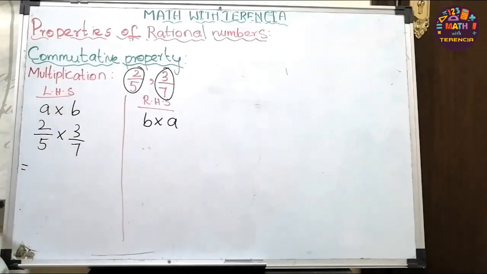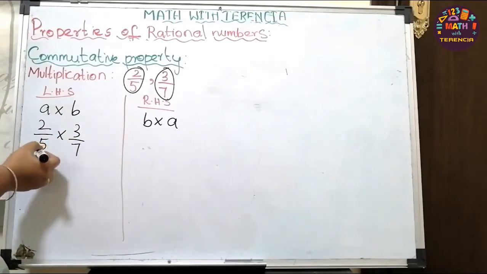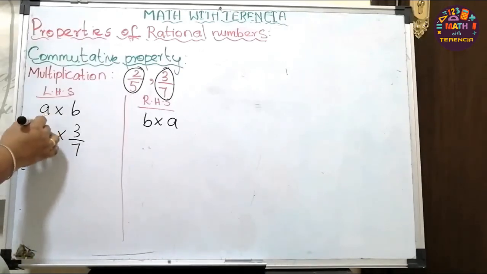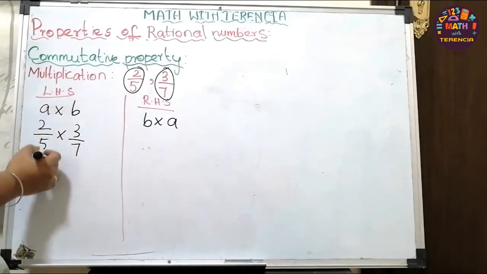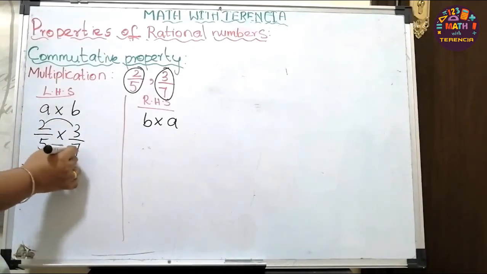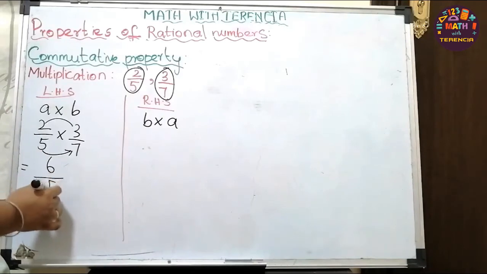Let's find the answer for this. As I said, for multiplication, denominator need not be the same. And also we should multiply both the numerator and the denominator. 2 times 3 is 6 and 5 times 7 is 35.